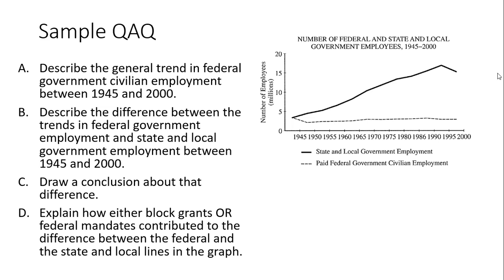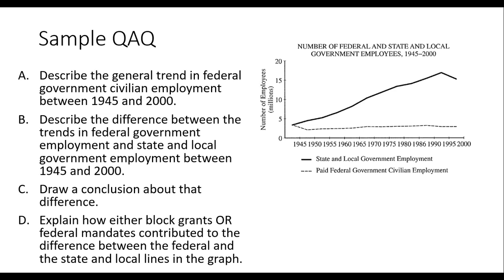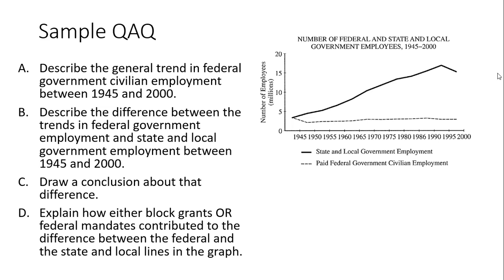Now notice that the state and local line seems to drop a little bit late in the 90s. I'm ignoring that. First of all, I'm not being asked anything specifically about that. And that is not part of the general trend. That's what I mean by sometimes students focus in too much on a small part of the data instead of looking at the big picture, okay?